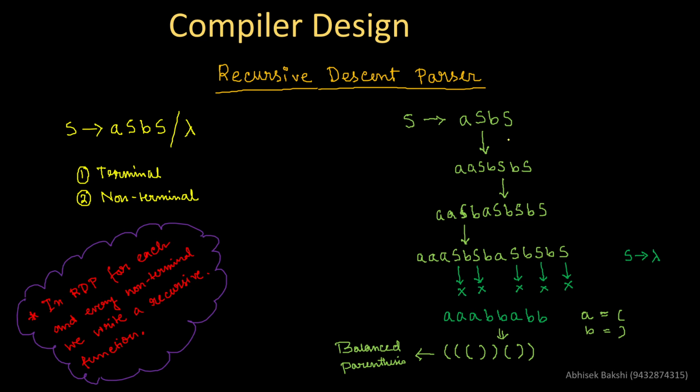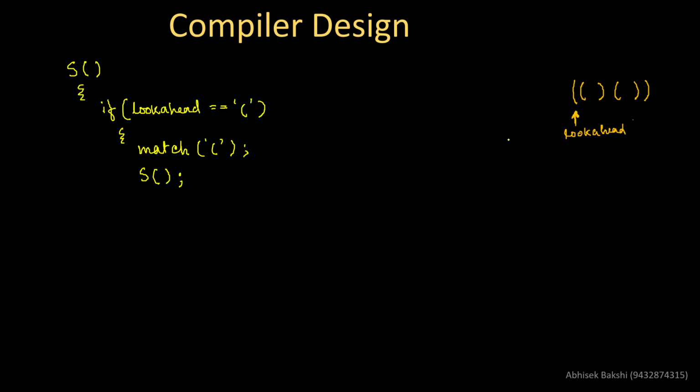So I must have another match function which will check for the closing brace. If there is no closing brace present at that moment, definitely there is an error. We will define that error in the match function.